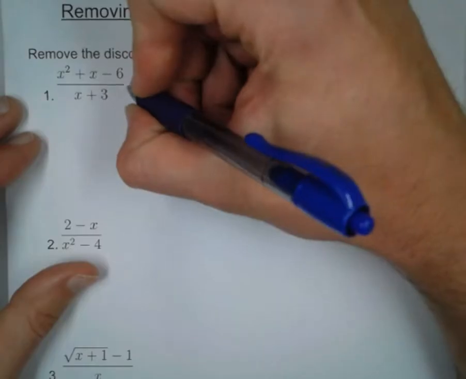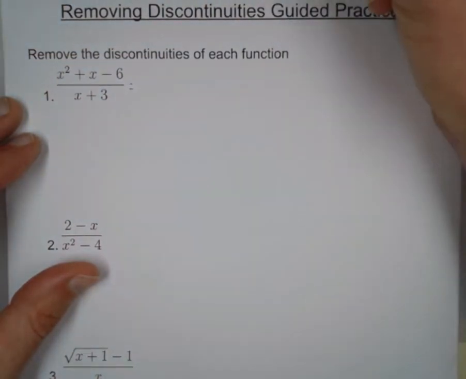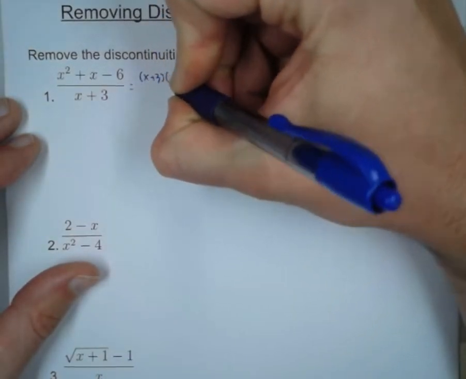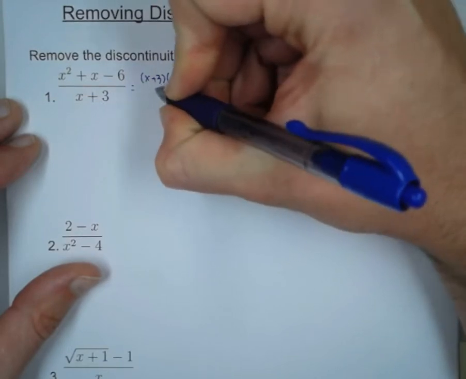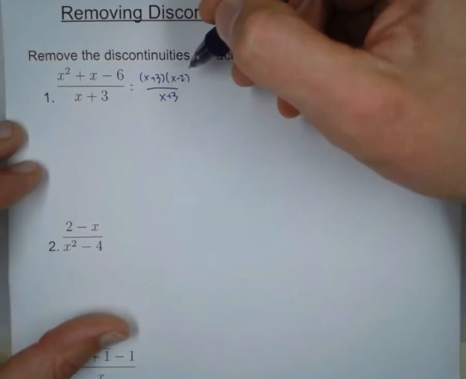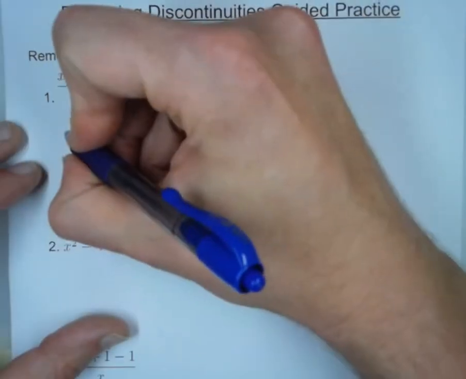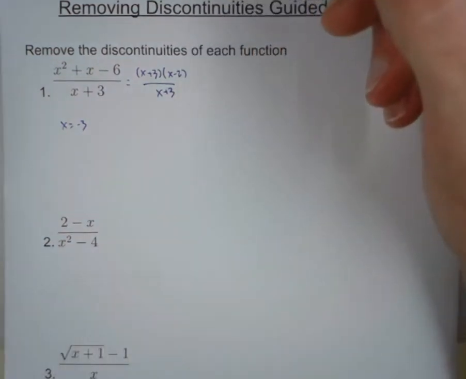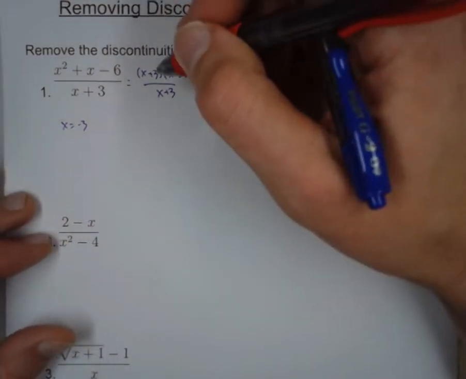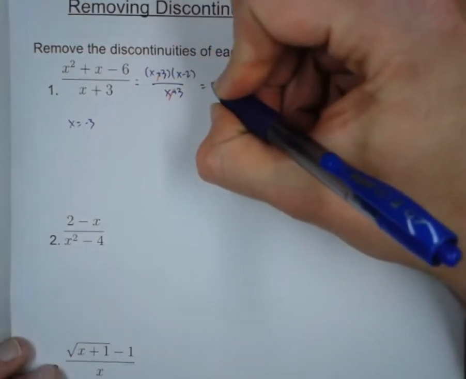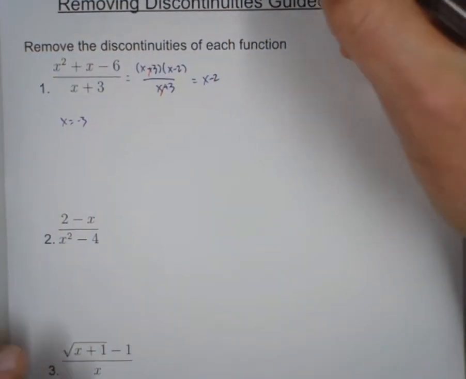Now this first one, we can rewrite it in factored form. x plus 3 times x minus 2 all over x plus 3. So we can clearly see that the removable discontinuity happens at x equals negative 3. And so when we cancel it out, when we simplify it, we get x minus 2.